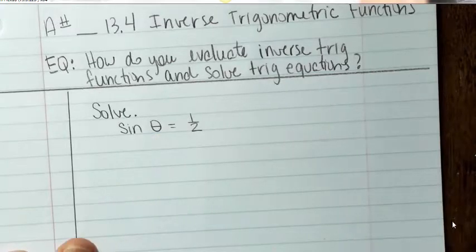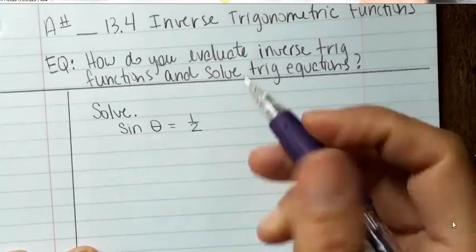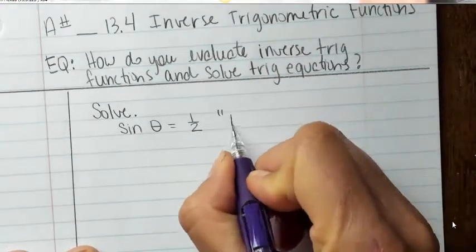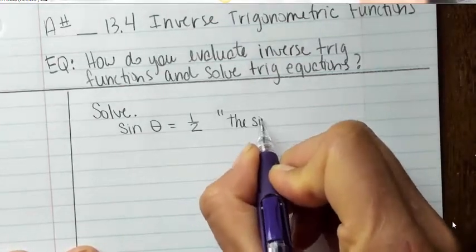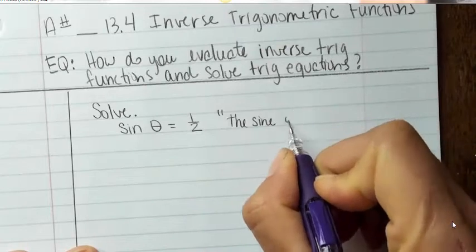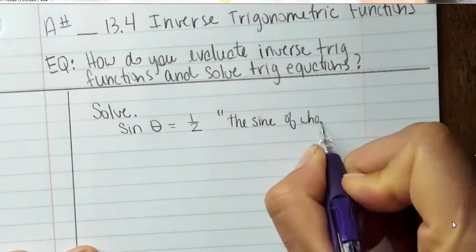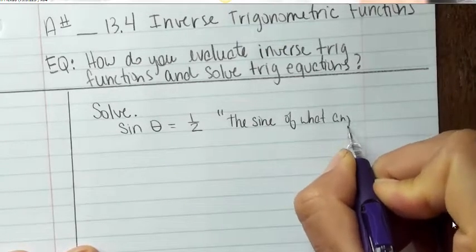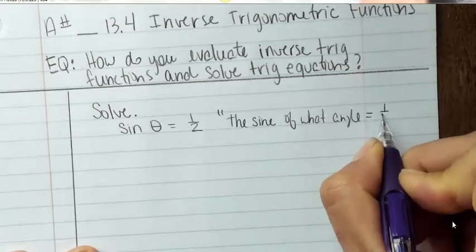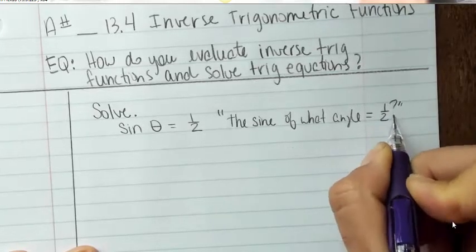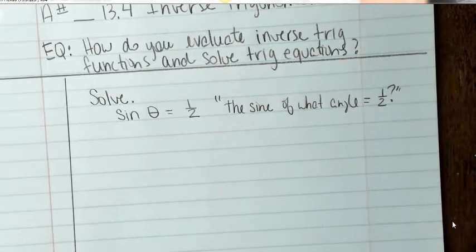We have the sine of some angle that's 1/2, but we don't know what that angle is. So this actually means: the sine of what angle equals 1/2? That's the question that we have to answer.